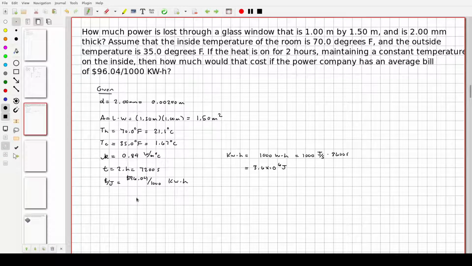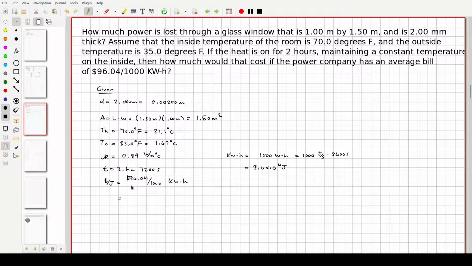Okay? So that means that if we just go ahead and plug that conversion in there. Let me do this here. It's 96.04. That's your dollars. 1 kilowatt hour is 3.6 times 10 to the 6 joules.